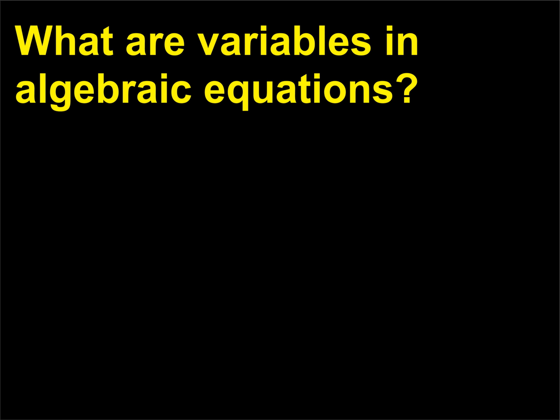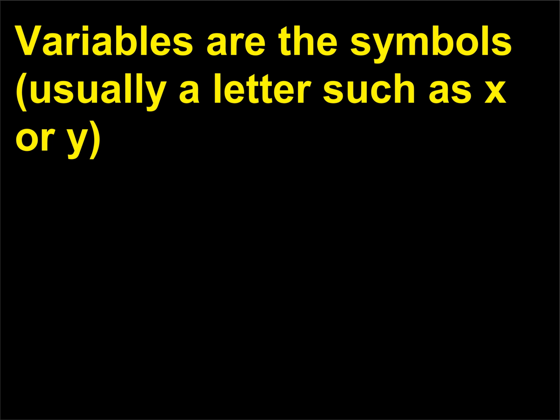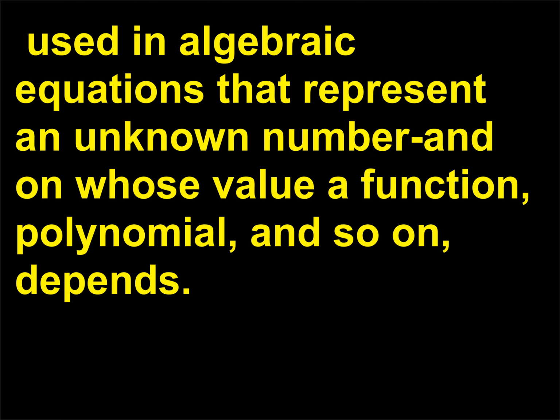What are variables in algebraic equations? Variables are the symbols, usually a letter such as x or y, used in algebraic equations that represent an unknown number on whose value a function, polynomial, and so on, depends.